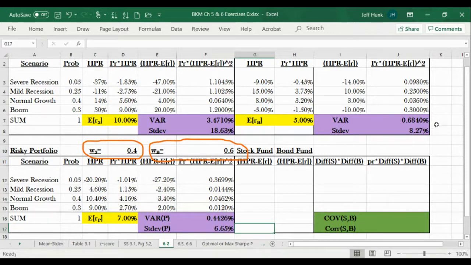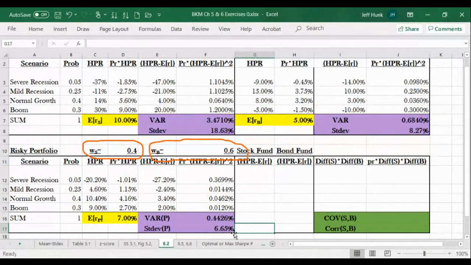But when you combine the stock portfolio and bond portfolio by these weights, the expected return on the portfolio is somewhere in between.